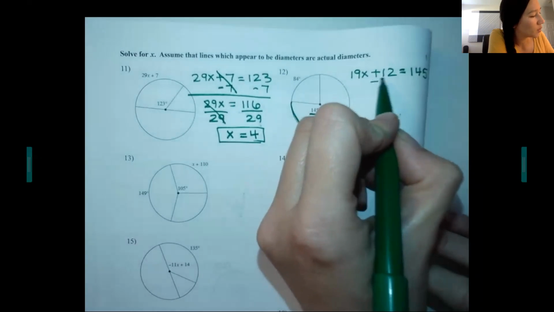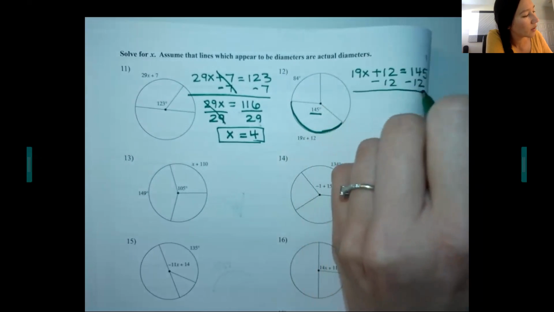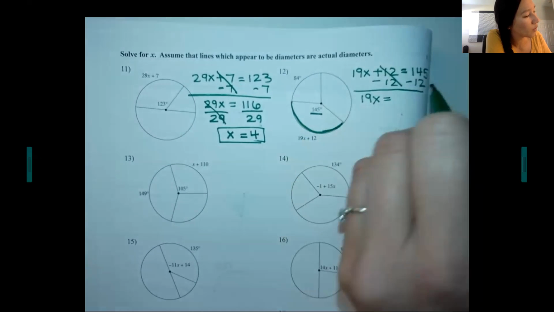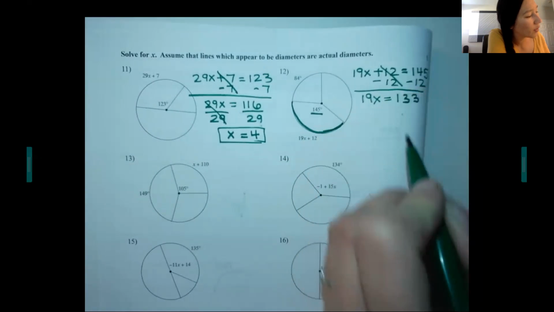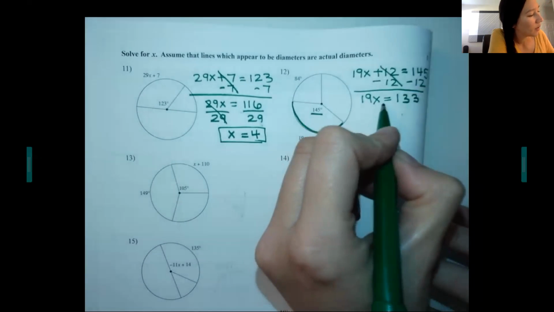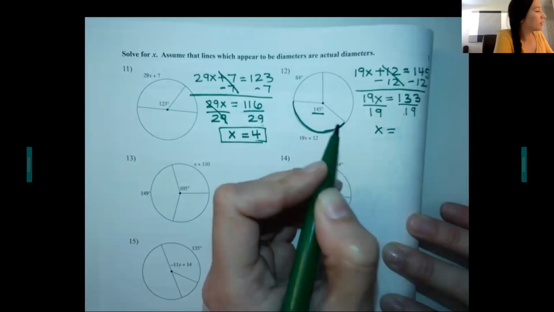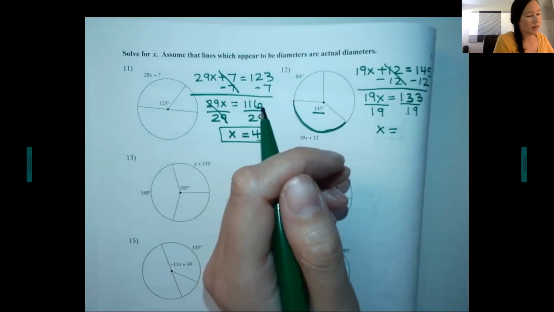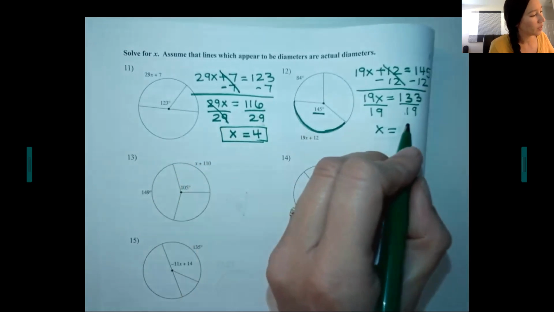So we would subtract 12 from both sides, leaving us with 19x equals 145 minus 12, which is 133. We divide both sides by 19, and x equals 133 divided by 19, which is 7.